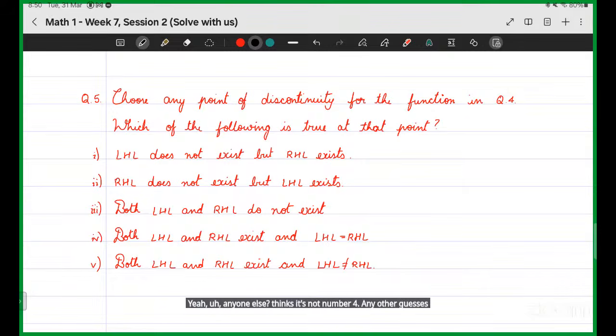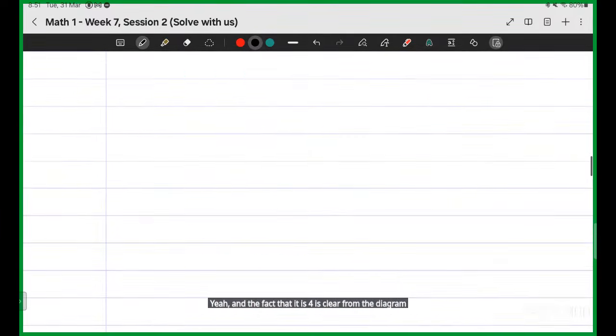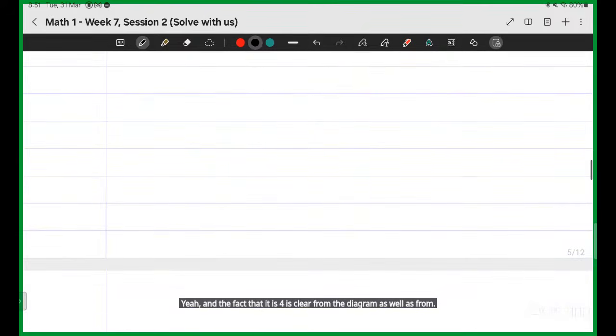Any other guesses? All right, 4 only. Yeah, and the fact that it is 4 is clear from the diagram.